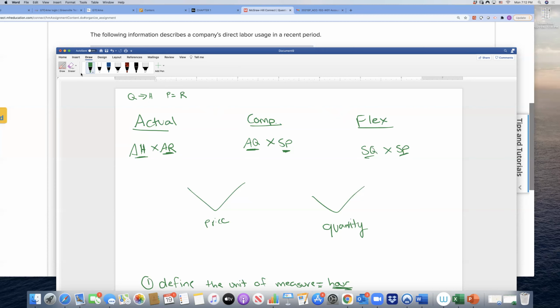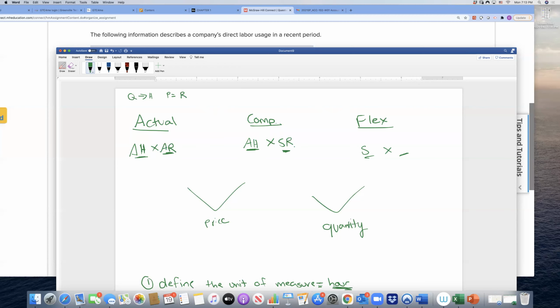So again, we're going to switch both of these. It does not change the mechanics of what we're doing. All it does is replace what we were using. So here we had actual quantity, now it's going to be actual hours. We did have the standard price, now it's the standard rate.